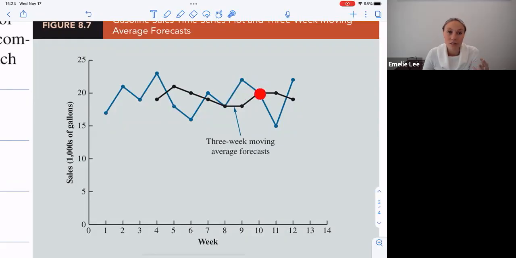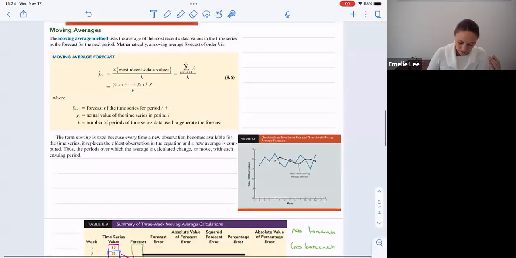Here the forecast was exactly right. That's awesome. And then a little bit off and a little bit closer. So we get a smoothed-out forecast that makes adjustments as we get more data.